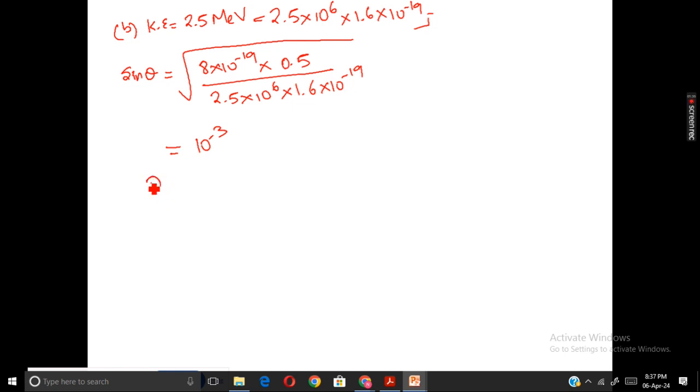So theta is sine inverse of 10 raised to minus 3, which is very small. Theta is very small, which means the velocity vector is almost parallel to the field. That's what it basically means, because theta is very small.